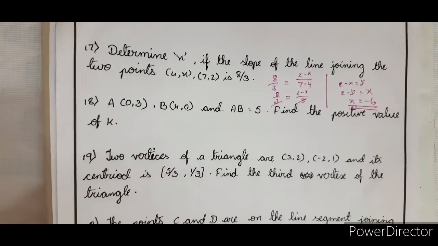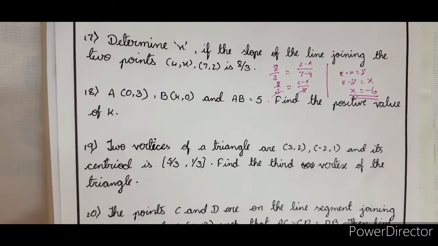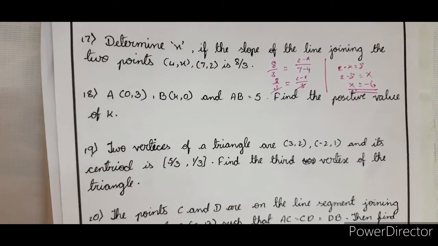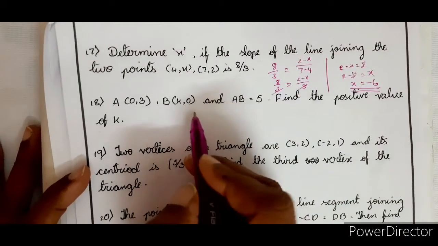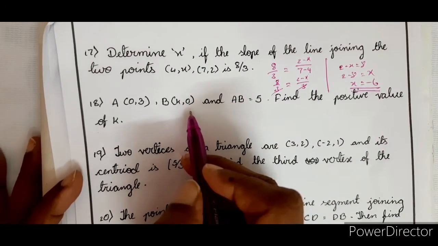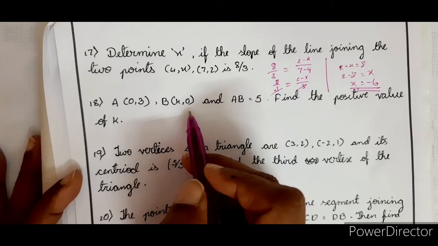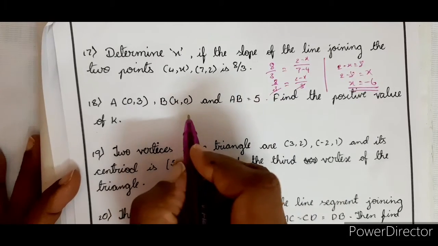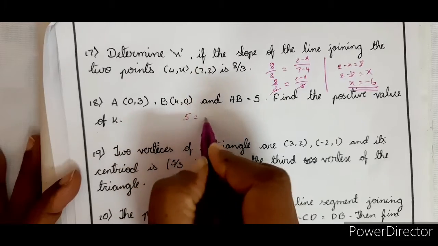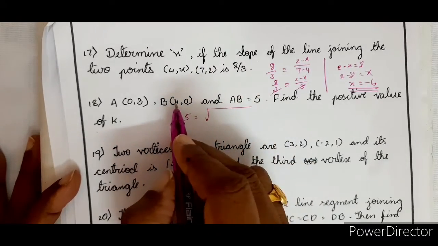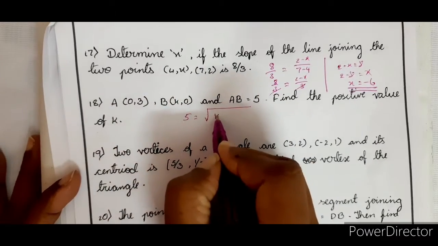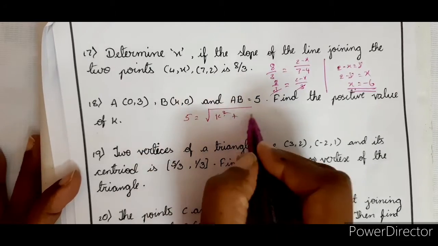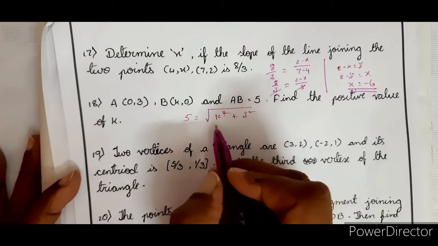Right. Now A, B are given to you and AB is equal to 5, the distance between them. Find the positive value of k. So now what is meant by positive value of k? If at all k is getting two values, plus or minus, you have to take only the positive value of it. Right, so therefore AB is equal to 5, that is 5 is equal to square root of x2 minus x1, that is k minus 0 whole square, which is k square, plus 0 minus 3 whole square, which is 3 square.